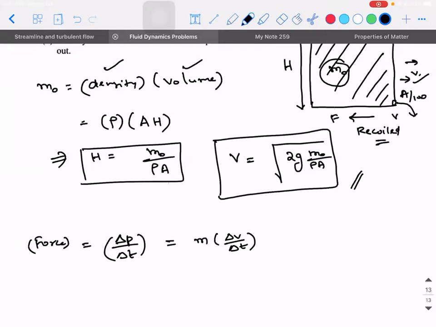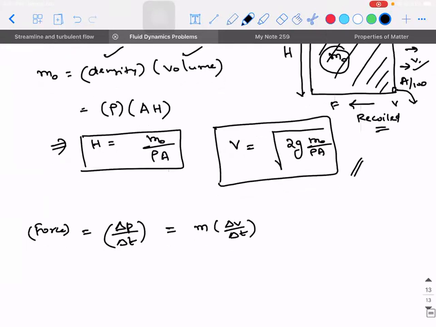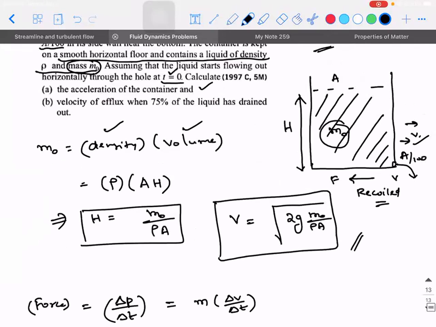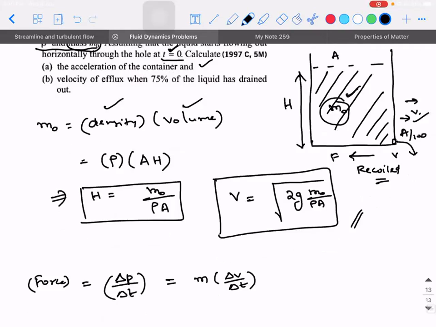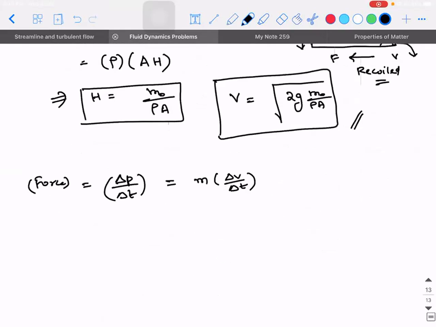But here what is happening? The mass is also variable. Since they are asking the acceleration at the instantaneous value, I am assuming that the total mass is constant, right? There is no decrease of mass initially. So how can I write force in terms of mass and acceleration?